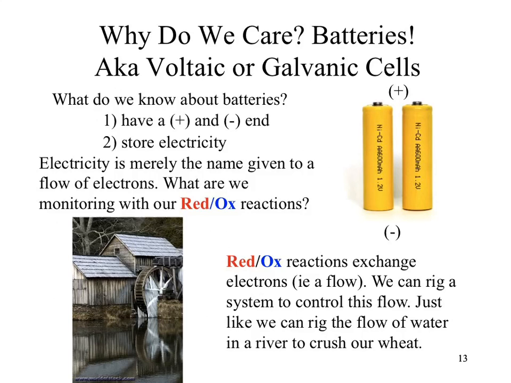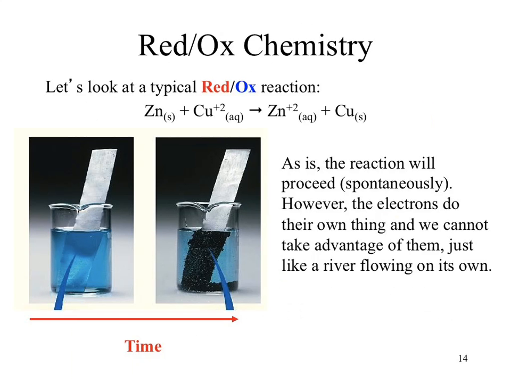We use it to this day to actually generate electrical energy. It's using the same idea. We're taking a standard flow and diverting it to do something that we want it to do. So that's going to be the crux of this chapter, trying to divert that flow.